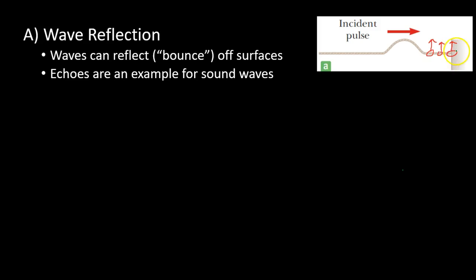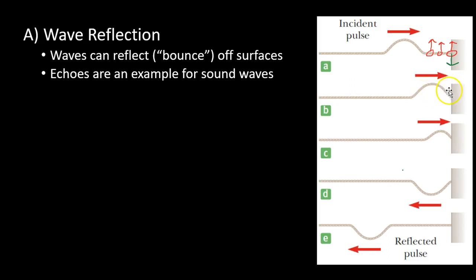When the wave applies an upward force on the wall, the wall is going to apply a downward force back on the rope, which means that all of a sudden there's downward forces on this string. It's going to happen every time that wave pulse passes by, every time that wave pulse applies an upward force. So as that wave hits the wall, it's going to reflect, it's going to bounce off, but it's going to get inverted because the wall keeps applying an oppositely directed force.